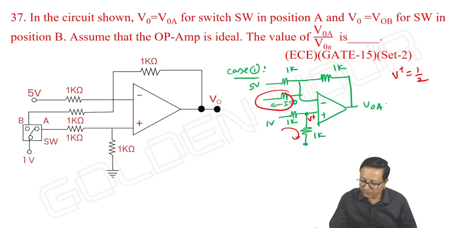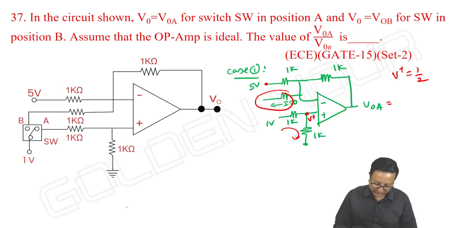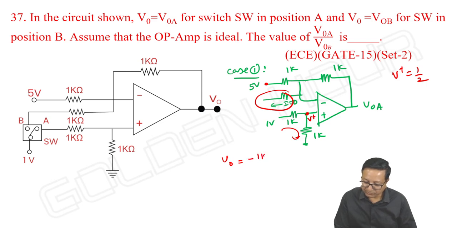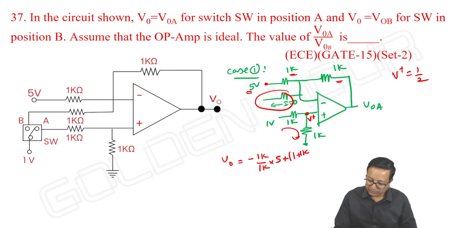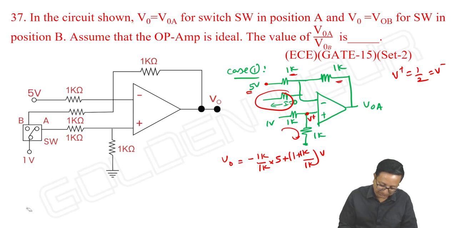So I can write V output is equal to, here the voltage is 5 volts and here the voltage is 1 by 2. So the overall output is equal to minus 1k by 1k into 5, this resistor by this resistor into 5 volt, plus 1k by 1k into V plus or V minus, both are the same.